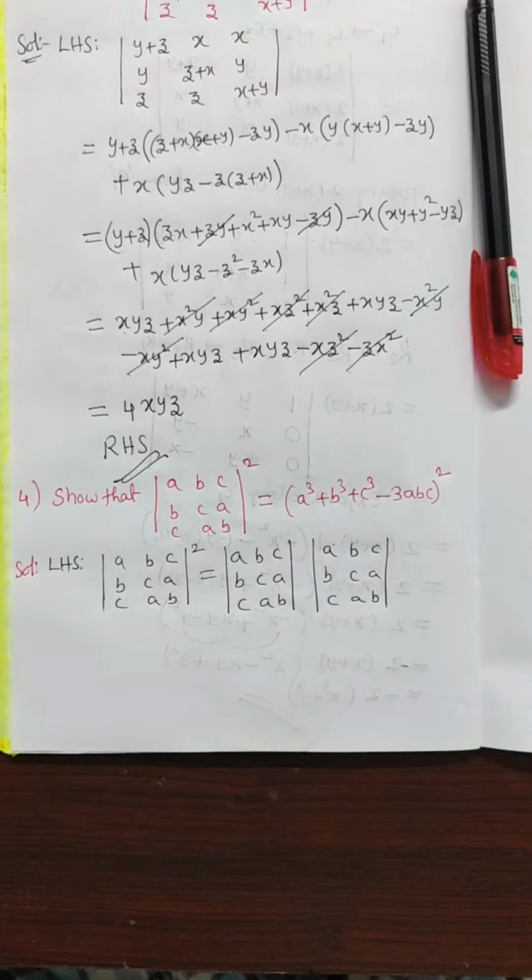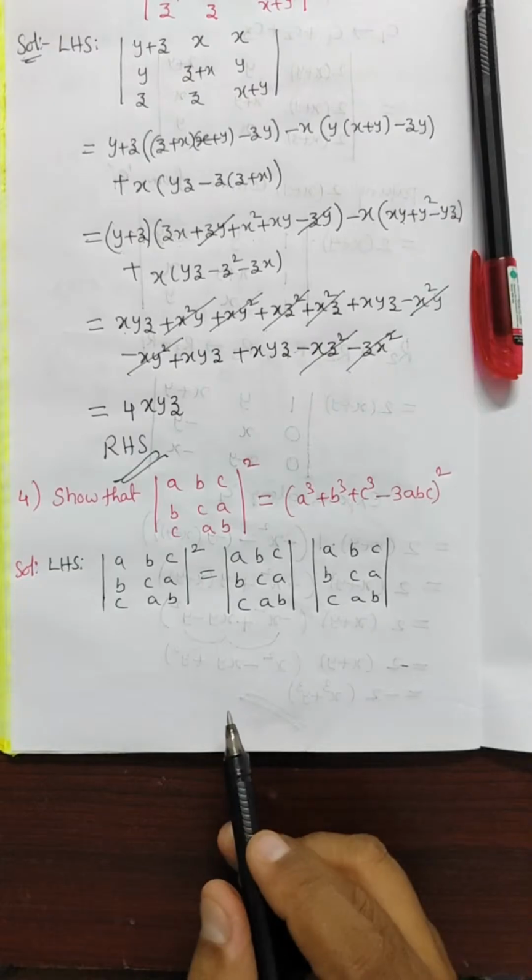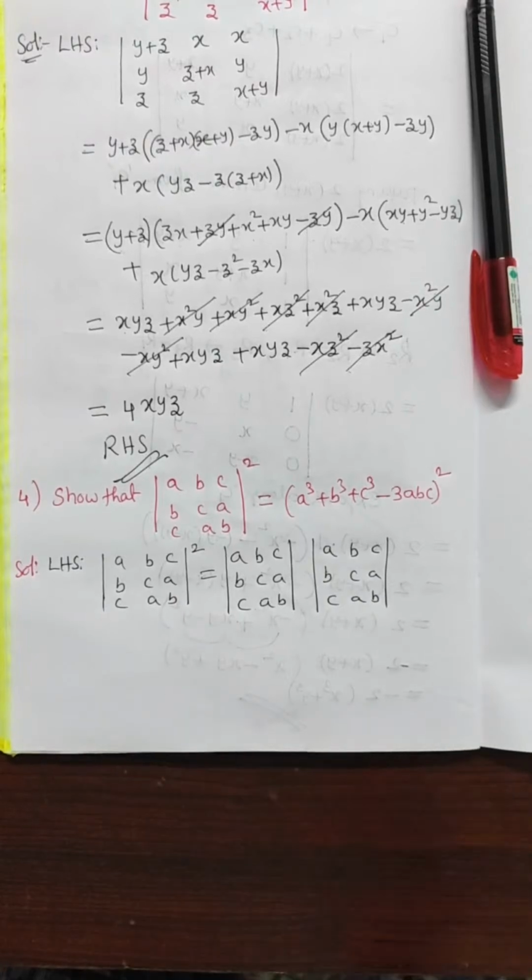Even another method also we will go, dear students. So det of this one we will calculate and det of another one also we will calculate. So better to do determinant of ABC, BCA, CAB value.